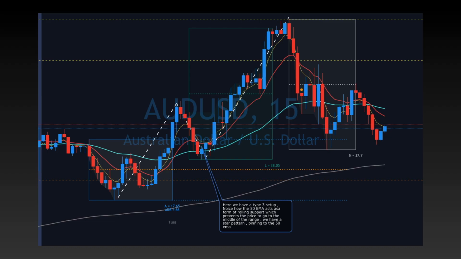You get a really good entry on this. But this is an example of where the 50 prevents price action from getting to its destination of basically the middle of the range. Everything else is still there.